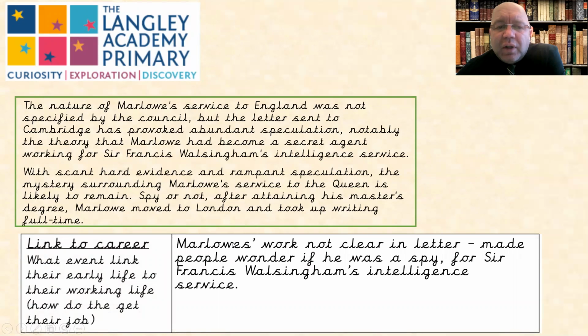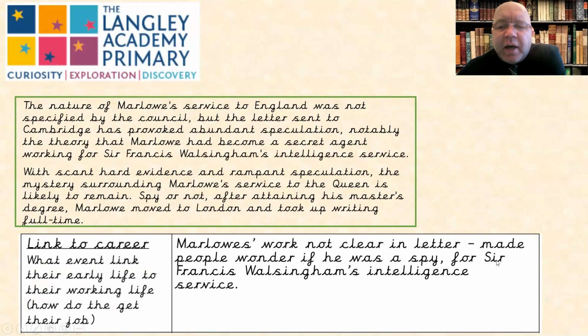Well, first of all, this letter, because whilst the information within the letter was enough to convince the university to give him his master's, it really wasn't clear. It was not detailed. And so it led to a lot of speculation. So the letter wasn't clear, but it did make people wonder if Marlowe was a spy.